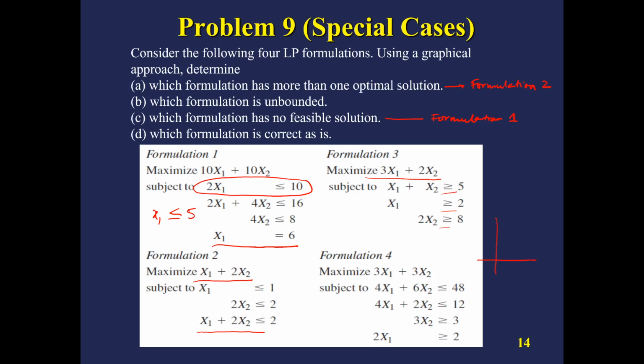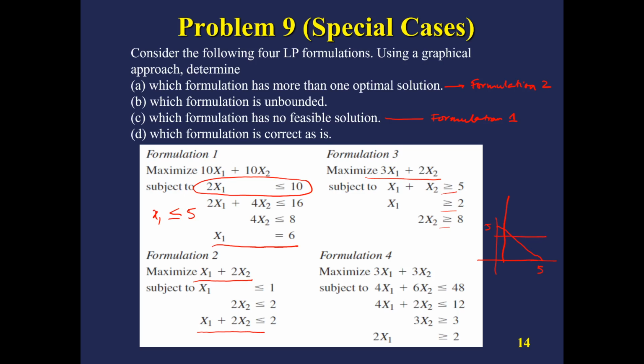Let's draw that. The first constraint is x1 plus x2 greater or equal to 5, sorry. It's on this side. x1 greater or equal to 2, and this one is like that. And 2x2 greater or equal to 8, which is x2 greater or equal to 4, is like that.